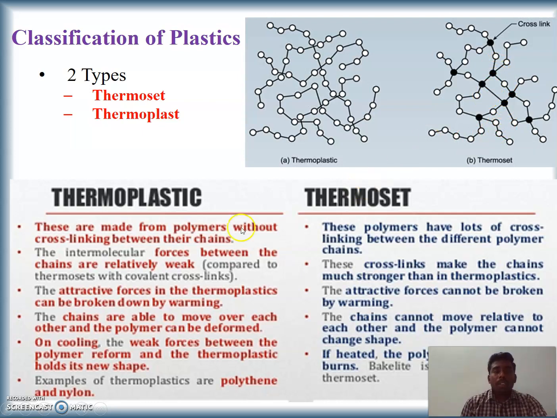So if we compare, due to that property, the intermolecular forces between the chains are relatively weak in thermoplastics, and thermosets, because of this cross-linking property, have stronger chains. Some examples of thermoplastics are polyethylene and nylon, and a thermoset plastic example is bakelite.